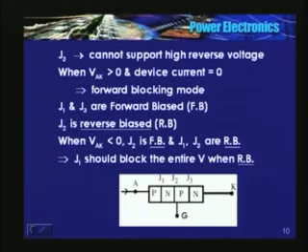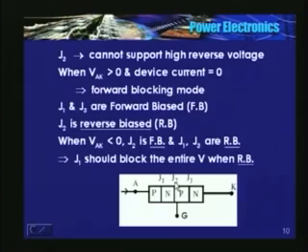And when VAK is negative, J1 and J3 are reverse biased and J2 is forward biased. In the forward blocking mode, since J1 and J3 are forward biased, the entire voltage appears across J2, or J2 should block the voltage in the forward blocking mode, remember.